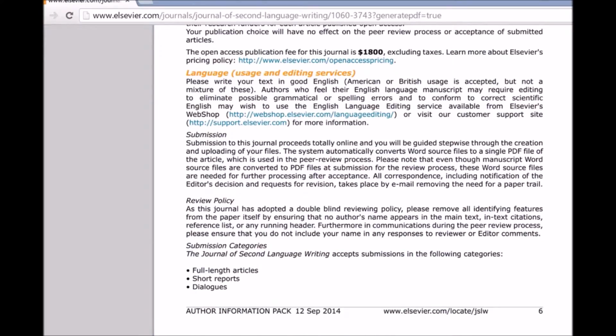Another concern that you'll often see is the kind of language that is acceptable. We've seen different journals. Some journals don't seem to care. We've looked at IEEE Transactions, which actually said, don't worry about it, we'll fix your English if you have trouble.